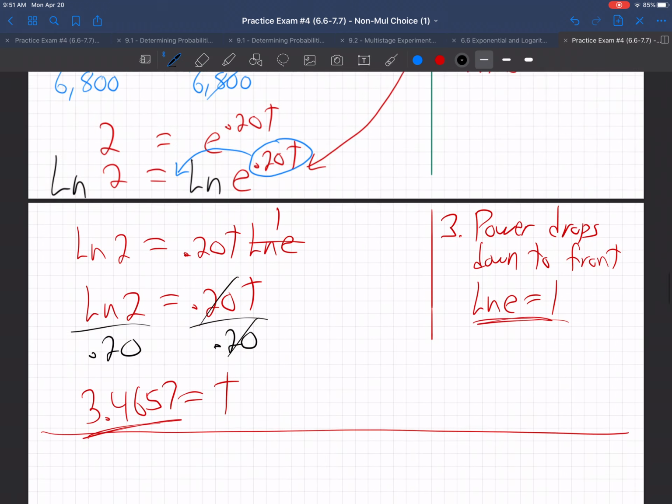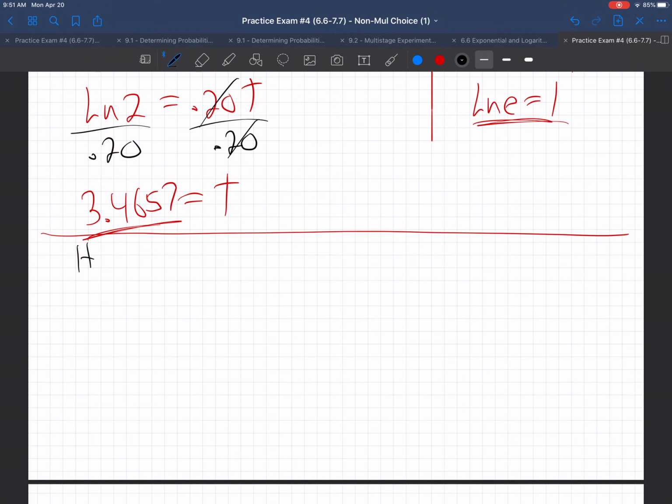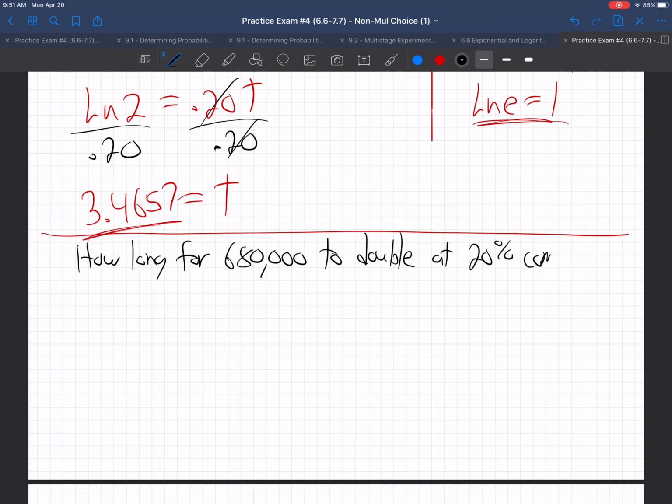So 680,000. So it's how long for $680,000 to double at the same thing at 20% compounded continuously. So we use the same formula. We're going to use the PERT again.